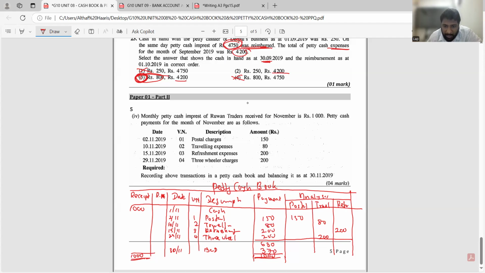So we can take the totals of the analysis columns: 150, 280, 200. Done. So with that, we are done with all the cash book and petty cash book questions.